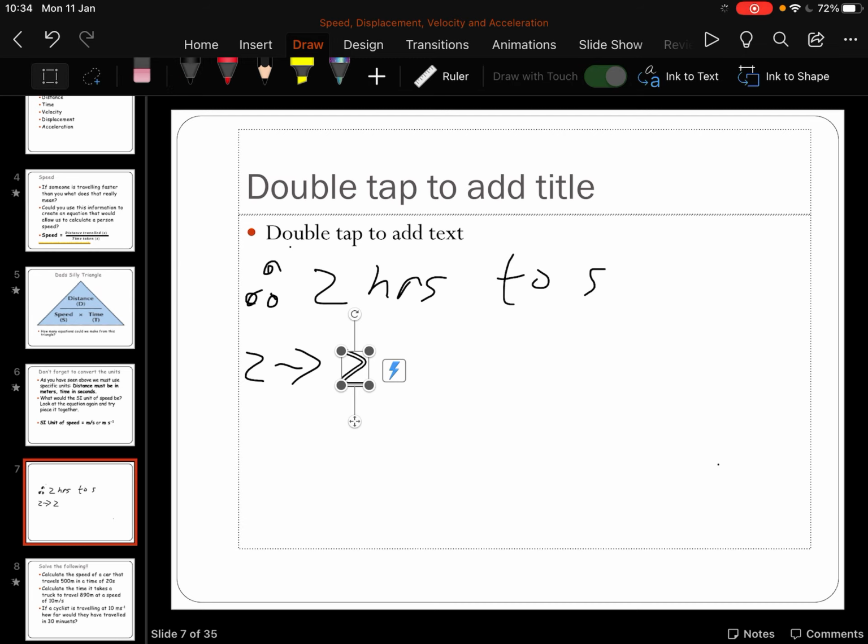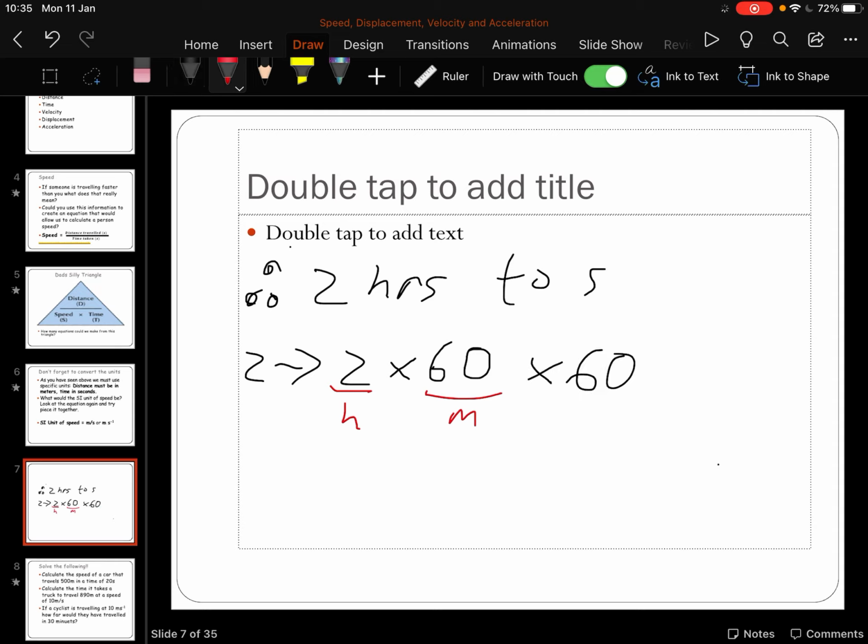You put down how many hours you have, 2, multiplied by the number of minutes in each hour, 60, so that's our minutes, and now multiplied by the number of seconds in each minute, 60. That gives us 7,200 seconds.